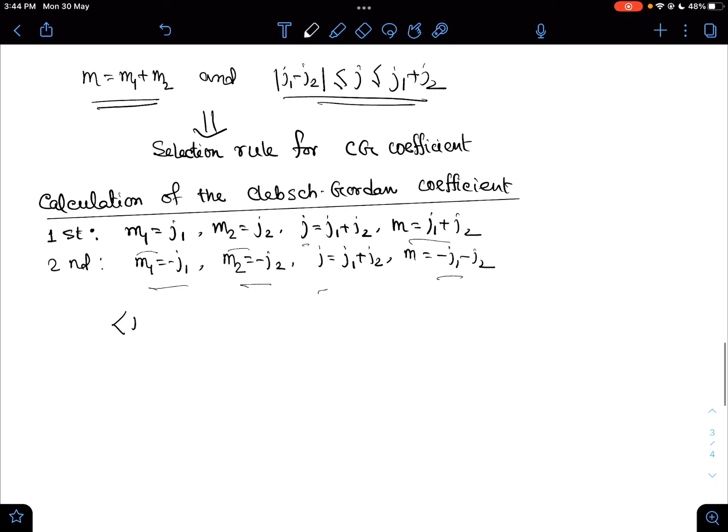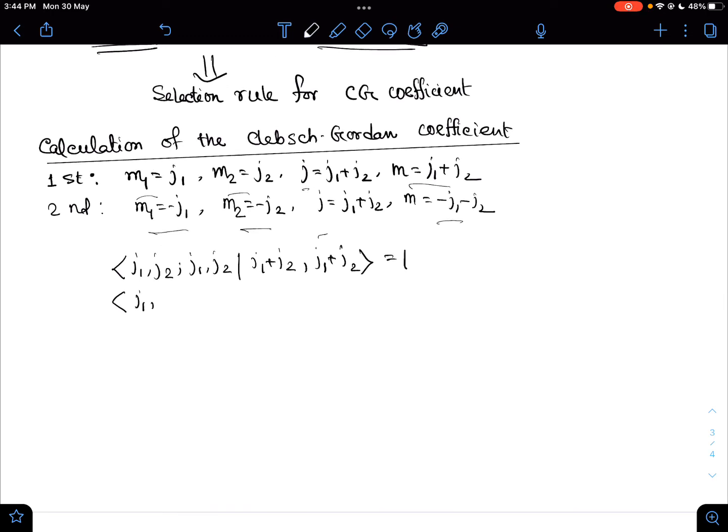That means <J1, J2, J1, J2 | J1 plus J2, J1 plus J2> is 1, and <J1, J2, minus J1, minus J2 | J1 plus J2, minus (J1 plus J2)> is also 1. So these two coefficients must be 1.